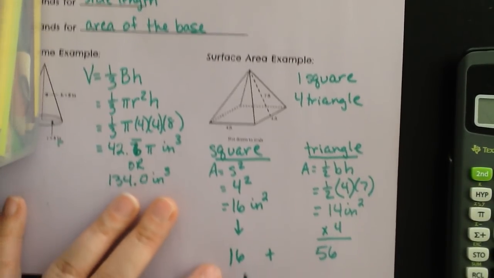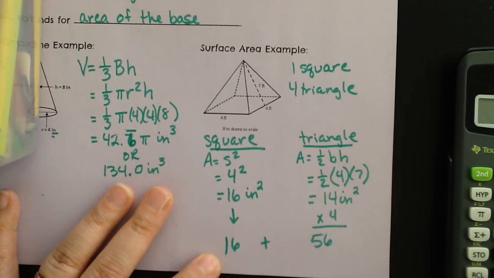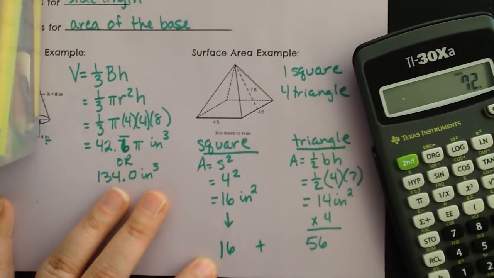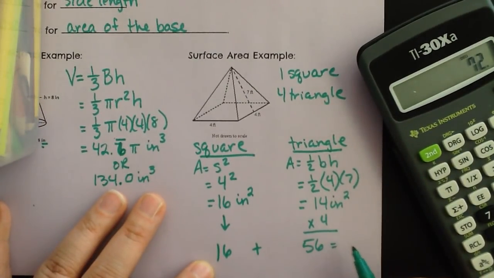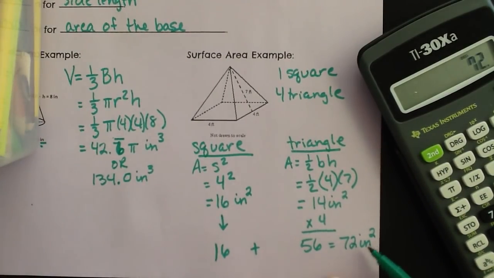So then I'm going to add the two areas together. 56 plus 16 is 72. So my surface area would be 72 inches squared. You have to include your unit and you have to include the correct exponent on the unit. So make sure you're doing both of those.